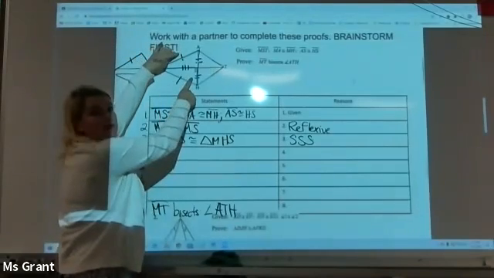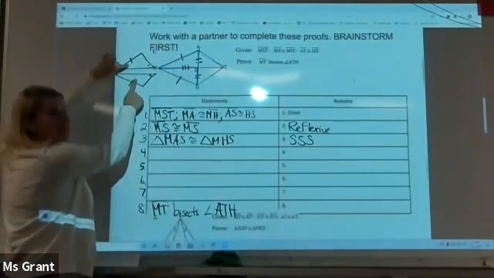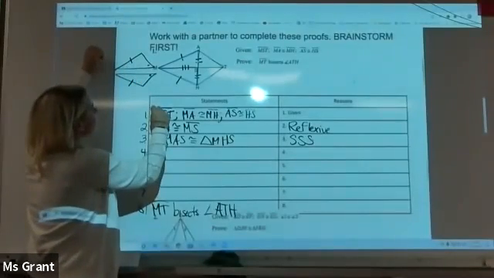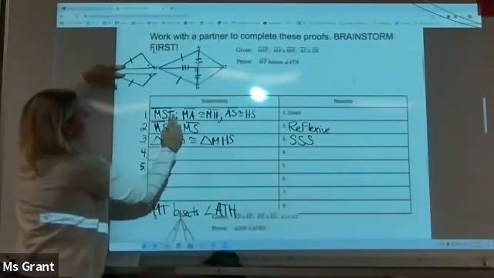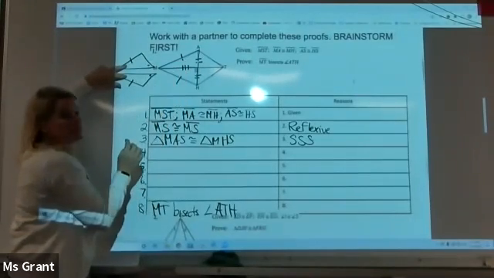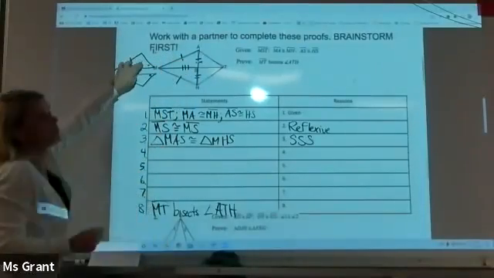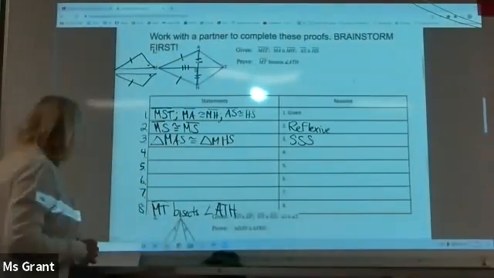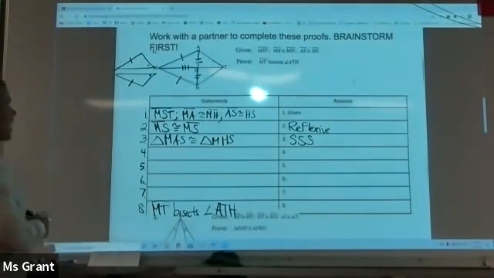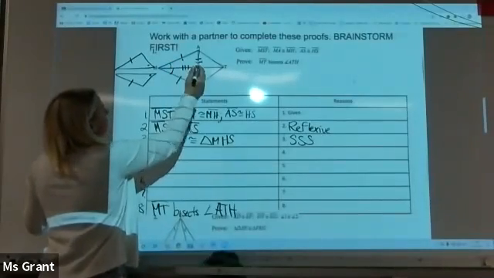In these blue triangles, the only part that's also part of the black is going to be these angles right here. So I've got to talk about that angle, because it's a part of the small blue and the big that we've got here. So I'm going to say this angle by CPCTC, right?